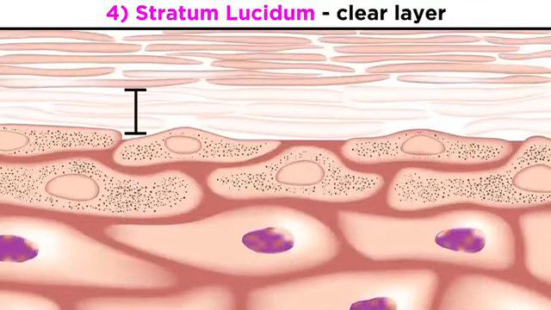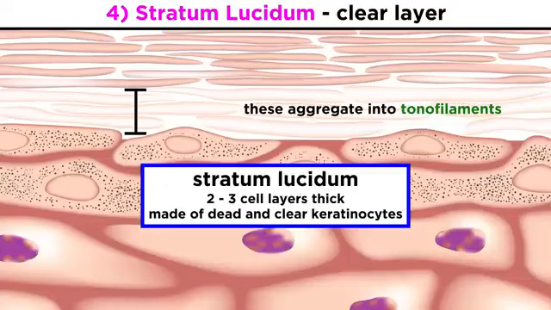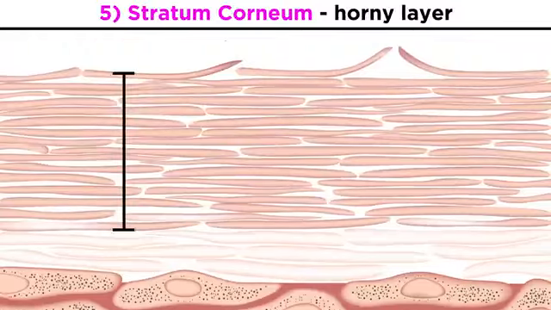Above this is the stratum lucidum, or the clear layer. This is 2 or 3 cell layers thick, made of dead keratinocytes that have become flat and clear. This is where they begin to aggregate into arrays called tonofilaments. And lastly, there is the stratum corneum, or horny layer.